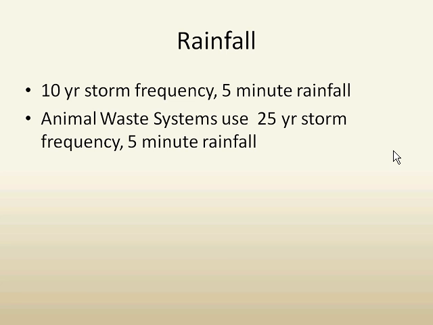That's just to size the gutters to make sure that we're capturing it. The 5-minute rainfall for a 25-year storm is basically the maximum that you're going to see that gutter needs. If it can carry that, then it's going to be able to carry that 25-year, 24-hour storm away from the production area. So, that's why we use the 25-year frequency for animal waste systems.